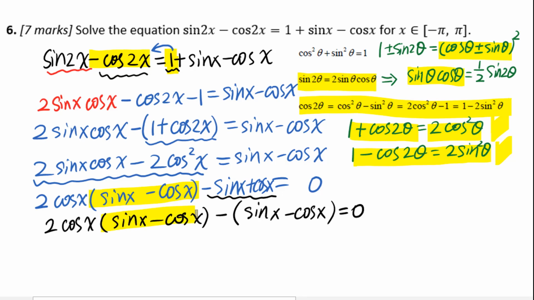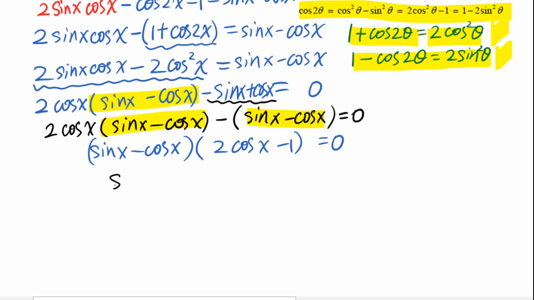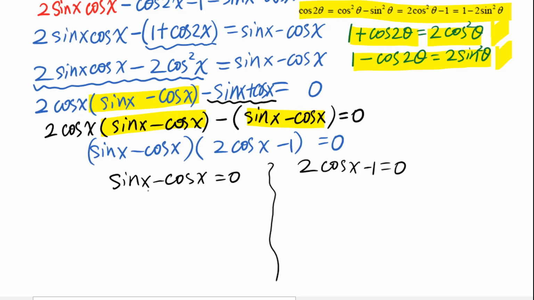This time, sine x minus cosine x is a common factor. So you get sine x minus cosine x times 2 cosine x minus 1 equals 0. We get sine x minus cosine x equals 0, or 2 cosine x minus 1 equals 0.